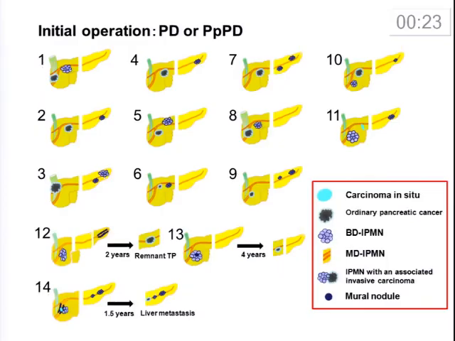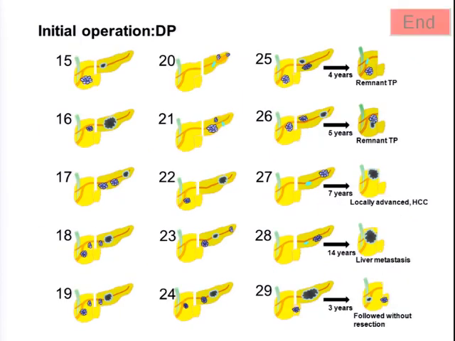These are patients who underwent pancreatoduodenectomy for pancreatic cancer concomitant with IPMN. Number 13 is an example of metachronous development of pancreatic cancer after resection of a benign IPMN. And these are patients who underwent distal pancreatectomy.